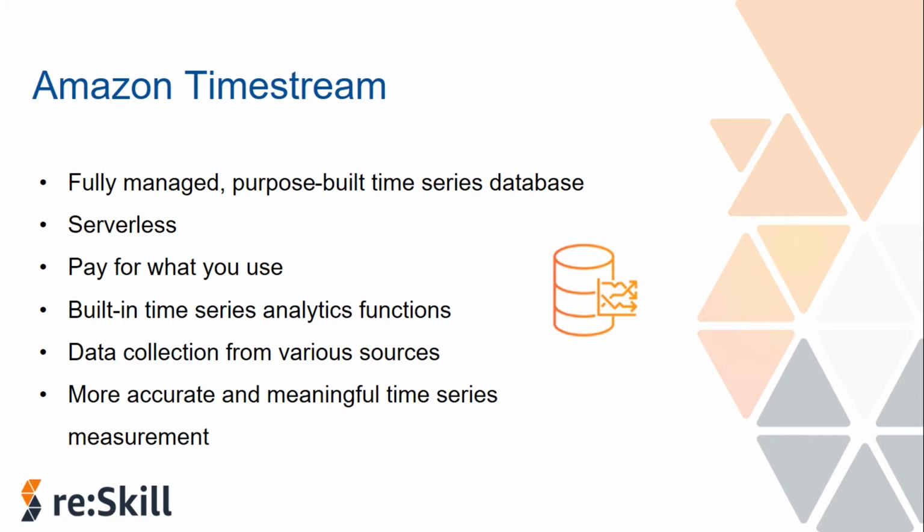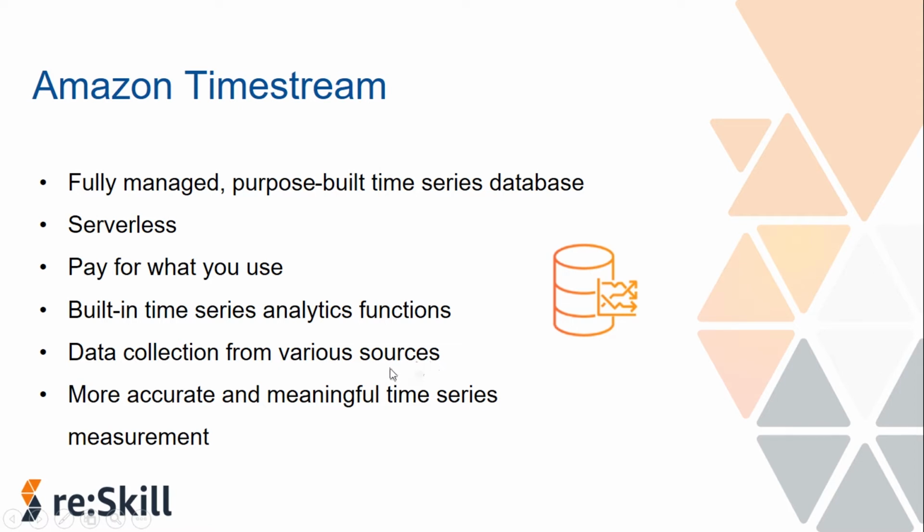Also, Timestream can integrate with commonly used services for data collection, visualization, and machine learning. For example, you can send data to Amazon Timestream using AWS IoT Core, Amazon Kinesis, and open source Telegraf, and you can even visualize the Timestream data using QuickSight and Grafana and business intelligence tools, with SageMaker for machine learning.